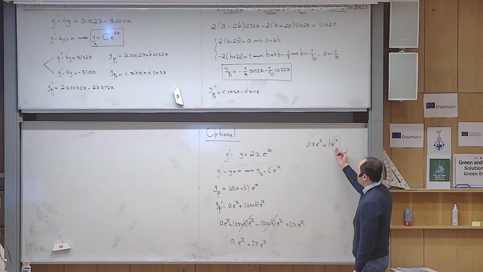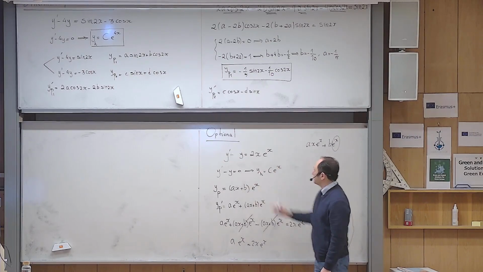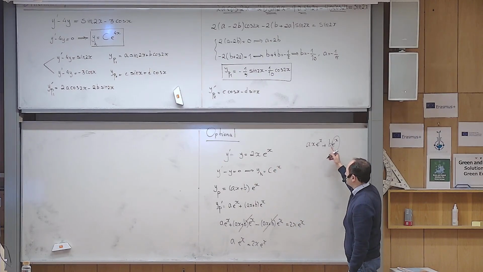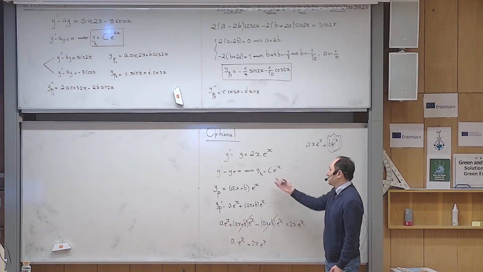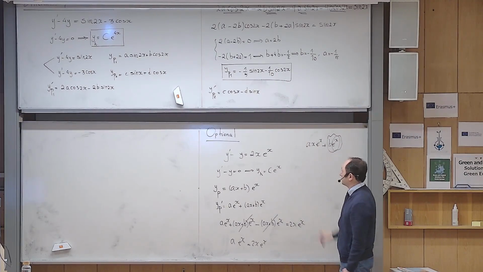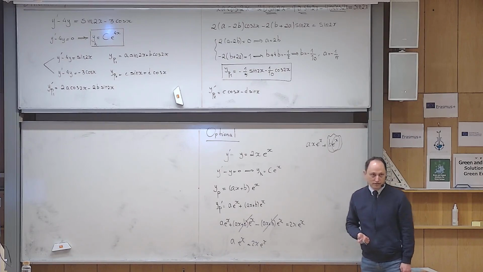And of course, when I put that into this equation, b will not survive, because it doesn't matter what b is. e to the x, you see, is the general solution of the homogeneous one, giving the role of constant to b, of course. Then it is clear even from the beginning that b will vanish from my calculations.